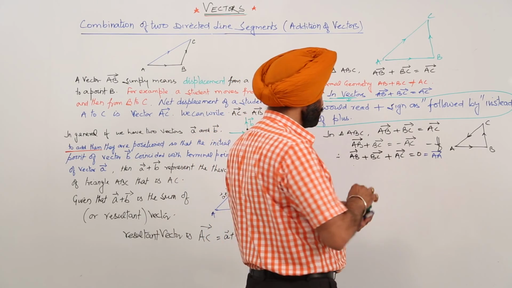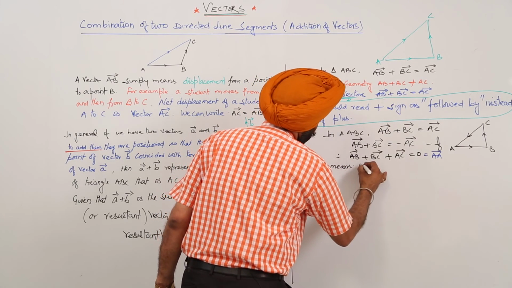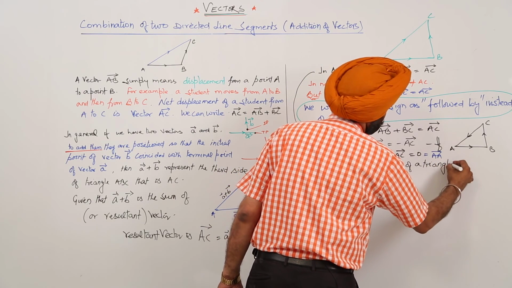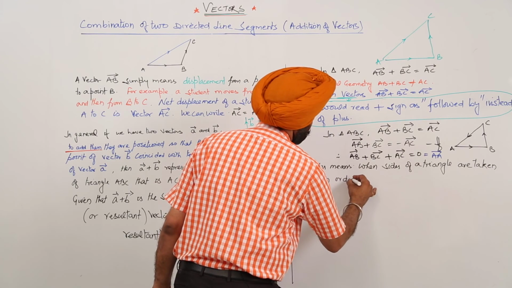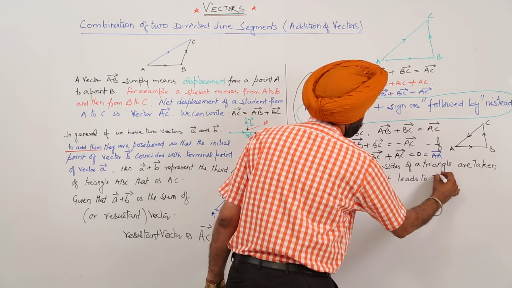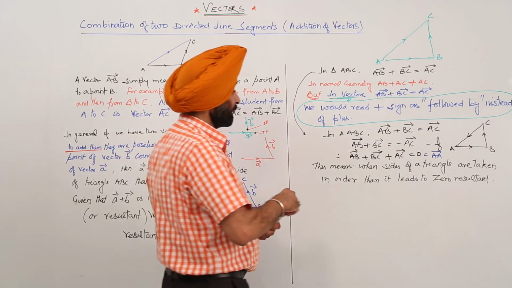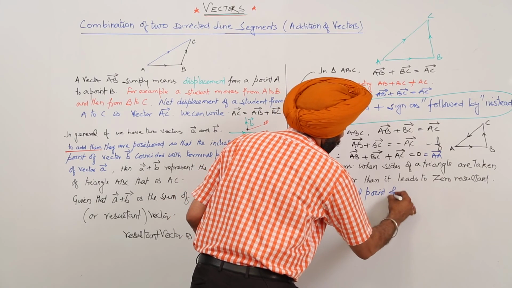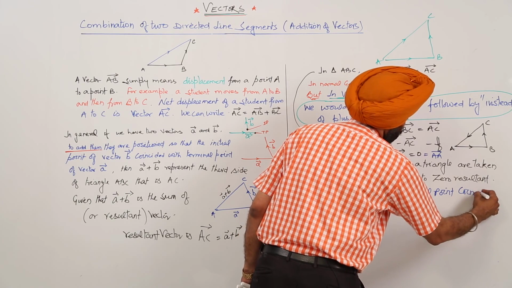So what does this mean? This means when the sides of a triangle are taken in order, then it leads to zero resultant, or we can write, initial point and terminal point coincide.